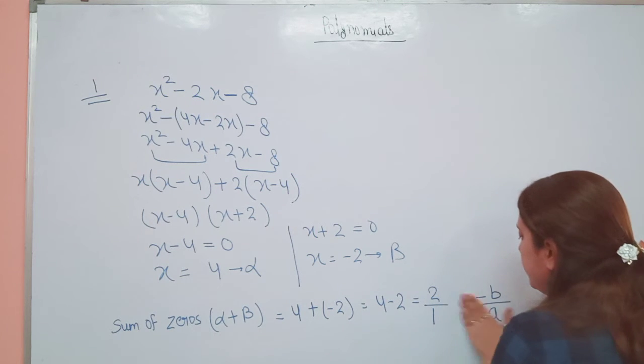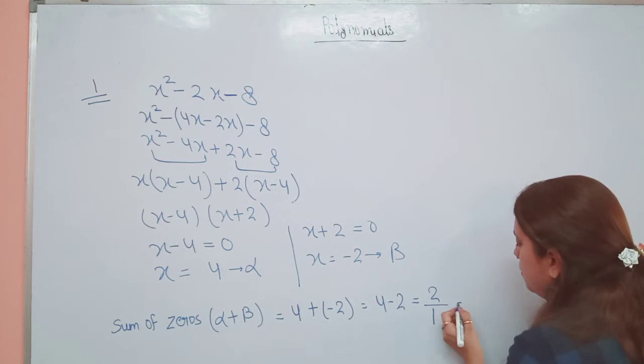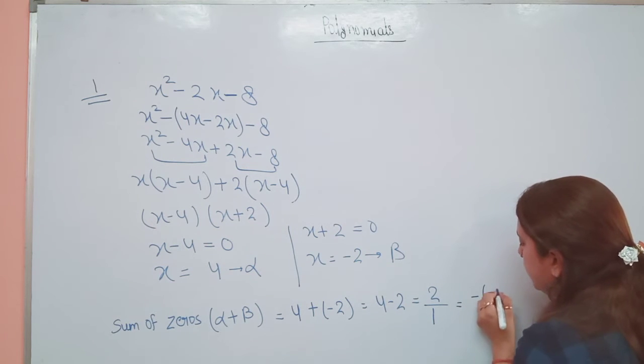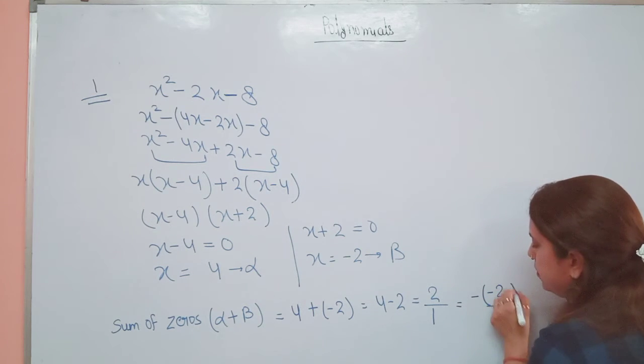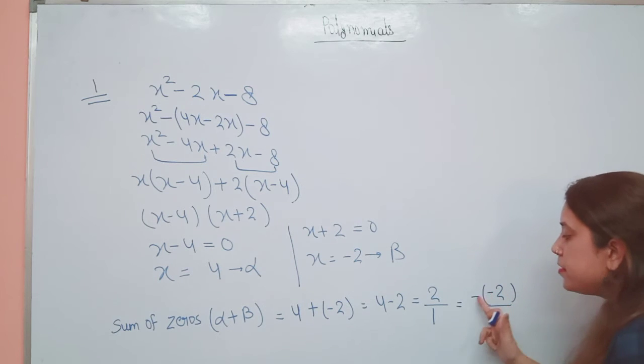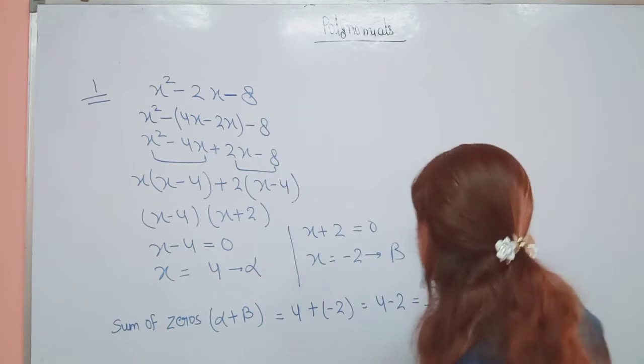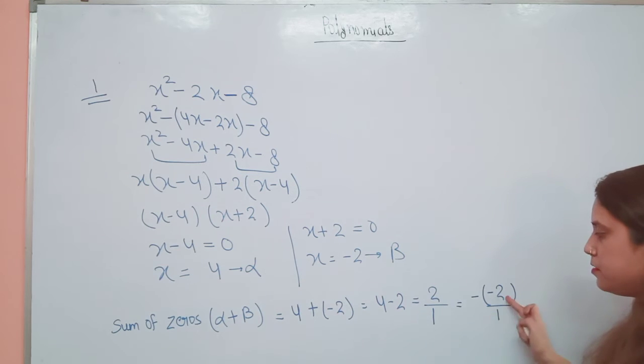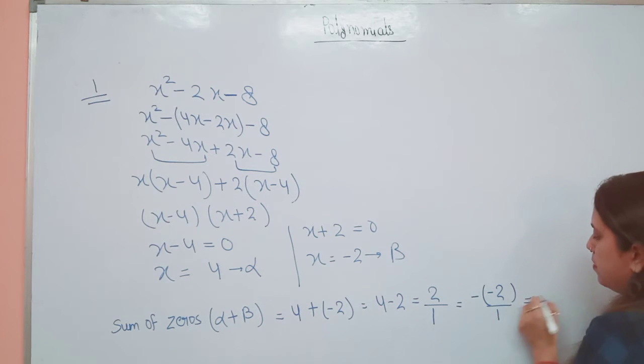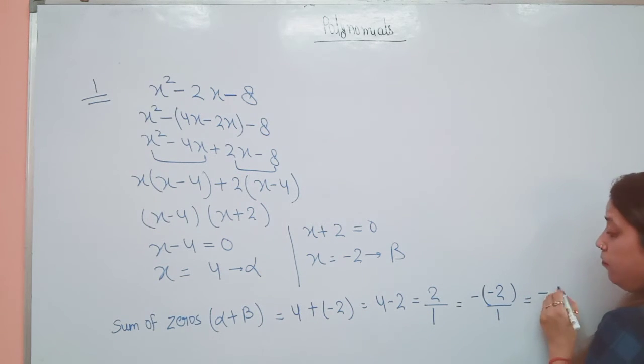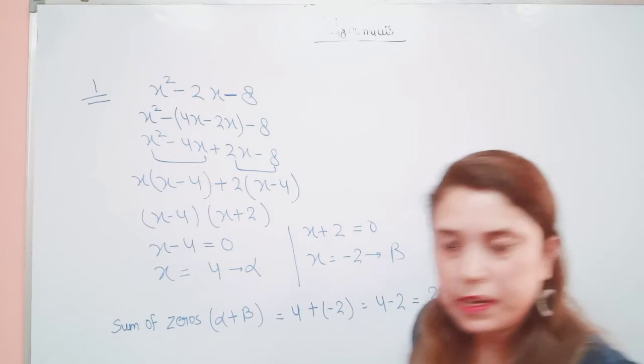So we can write down minus 2 upon 1. This is in the formula. Minus b upon a. This is our first relation.